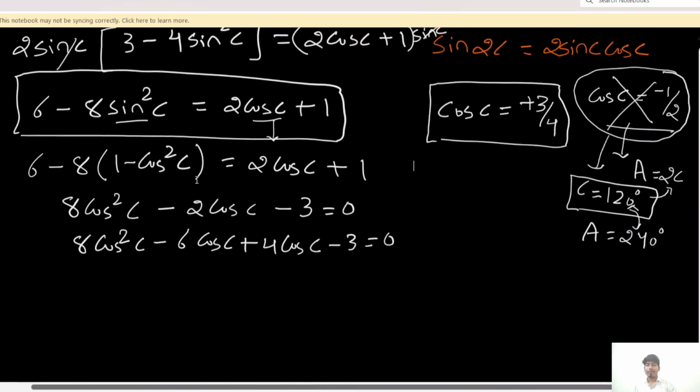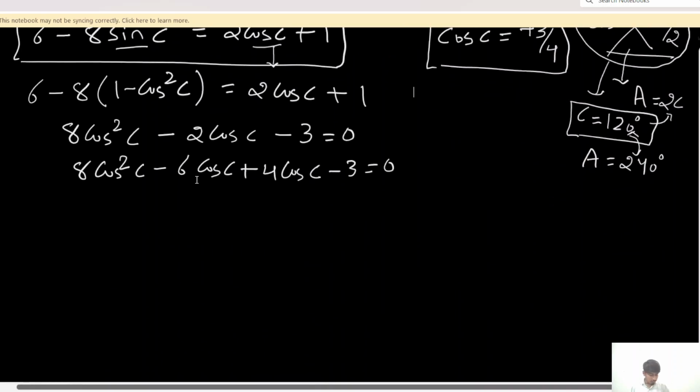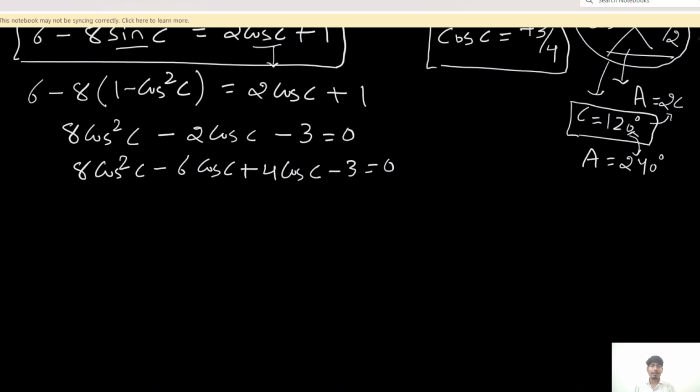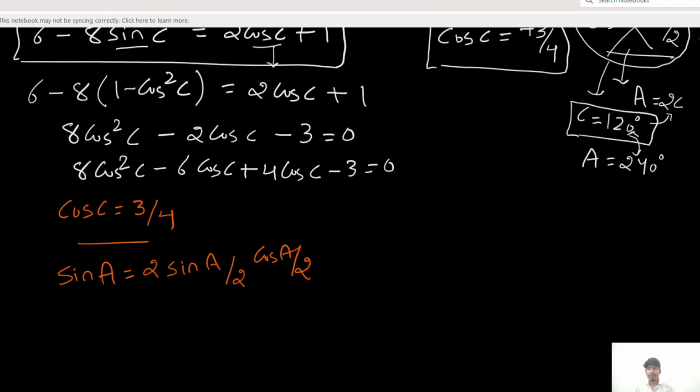Then we get cos c is equal to 3 upon 4 and c is an acute angle. Then we find sine A. Sine A is 2 sine A by 2 and cos A by 2. We know A is equal to 2c, then c is equal to A upon 2.